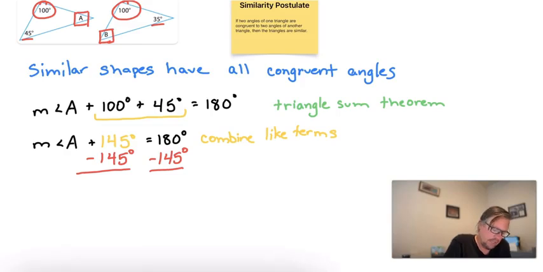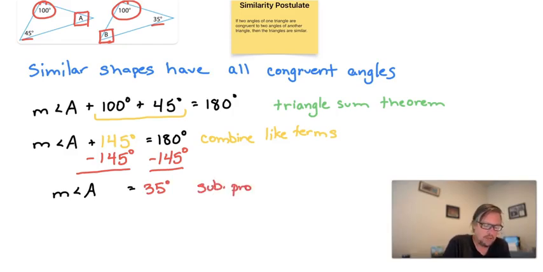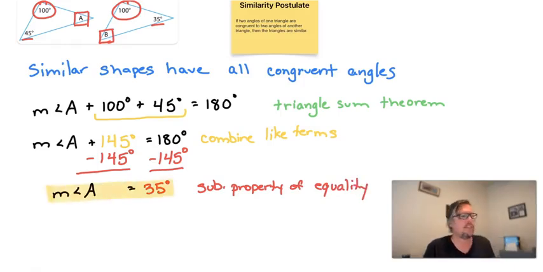So the measure of angle A is equal to 180 minus 145, which is 35 degrees. And this is the subtraction property of equality that allows me to do this. So the measure of angle A is 35 degrees.